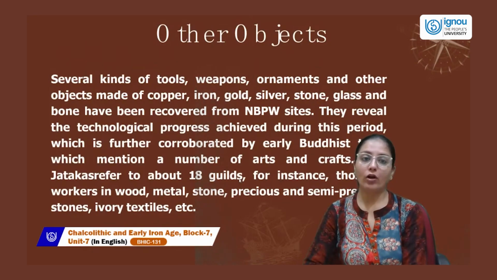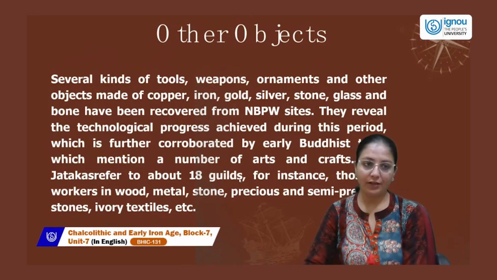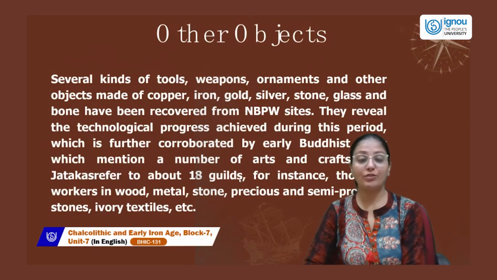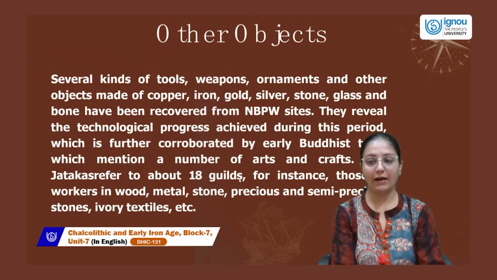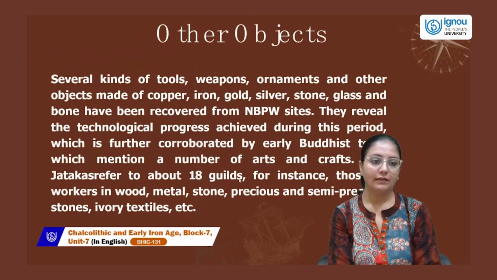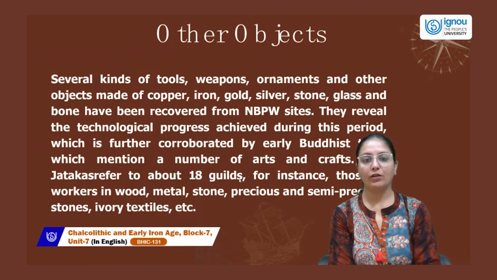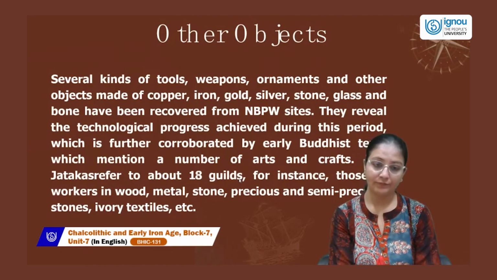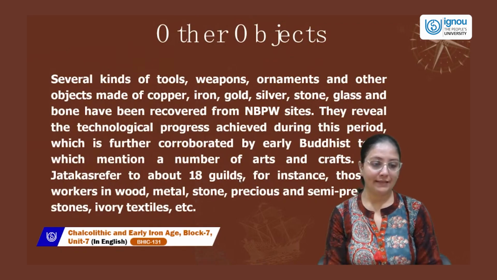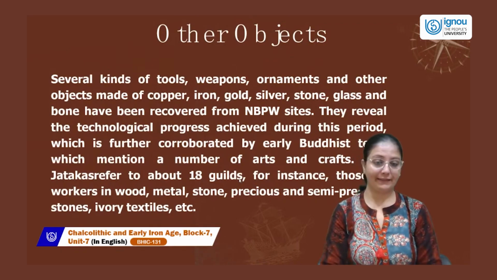They reveal the technological progress achieved during this period, which is further corroborated by early Buddhist texts that mention a number of arts or crafts. The Jatakas refer to about 18 guilds, for instance those of workers in wood, metal, stone, precious and semi-precious stones, ivory, and textiles.